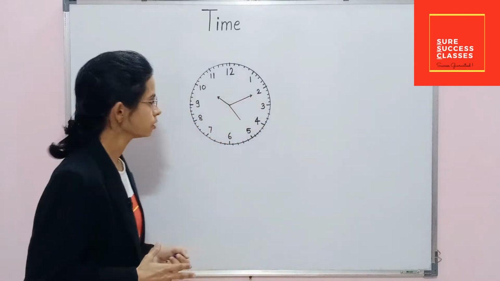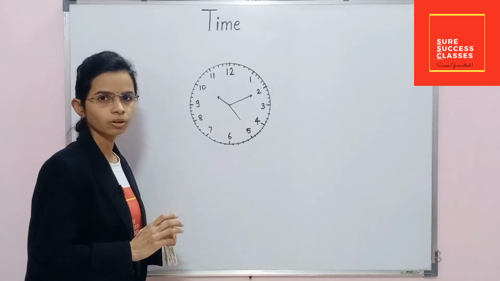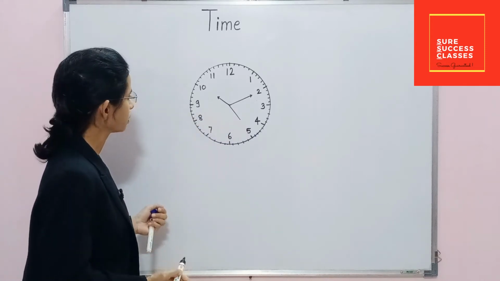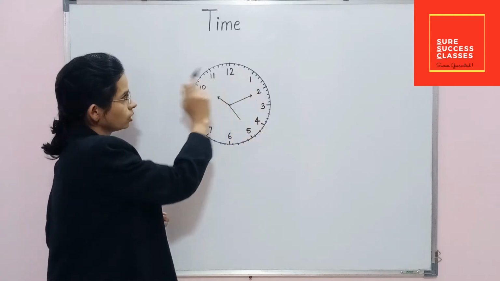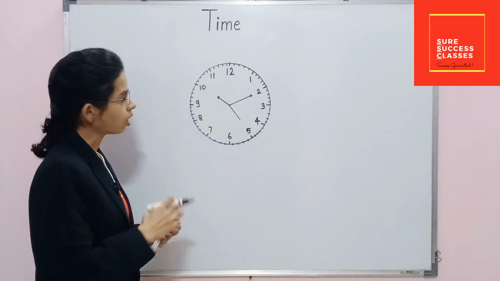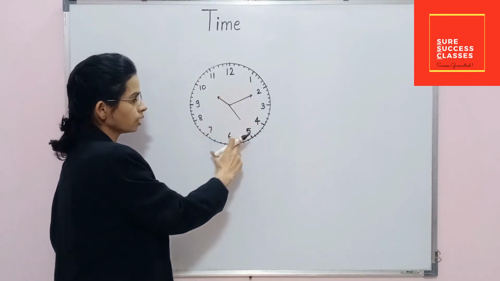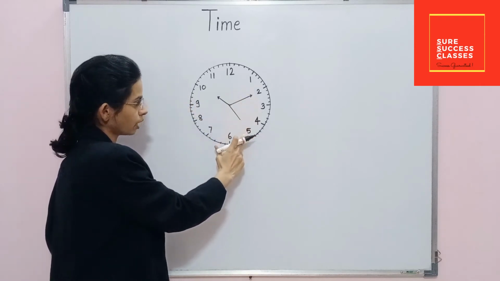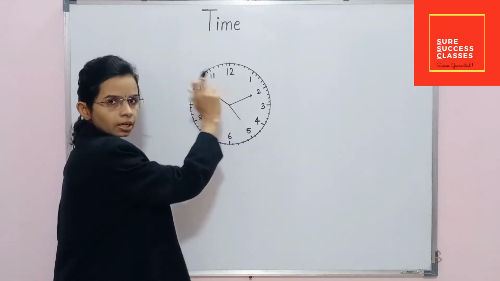If you observe the figure on the board, here I have tried to draw the face of a clock, and there are certain markings on this clock. Out of these markings, 12 markings are numbered as 1, 2, 3, 4, 5, 6, 7, 8, 9, 10, 11 and 12.